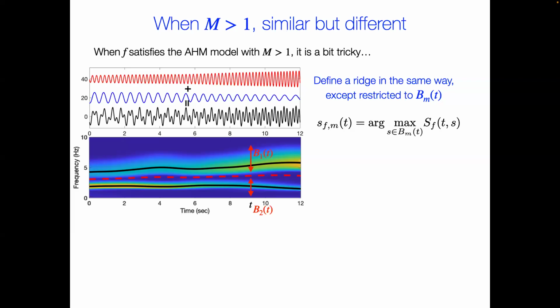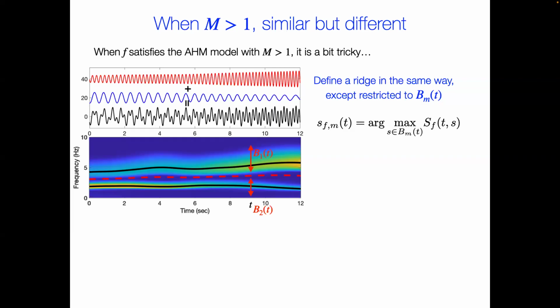I define the ridge in exactly the same way as before. That is, at each time I try to find local maxima, but when I find local maxima, I will focus on different subbands. For example, for the first, low frequency component, I will focus on this band. For the high frequency component, I will focus on this band. That will be the assumption.